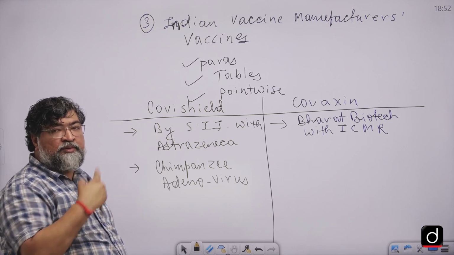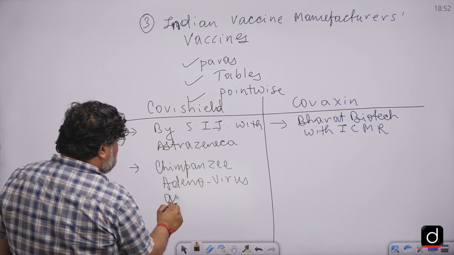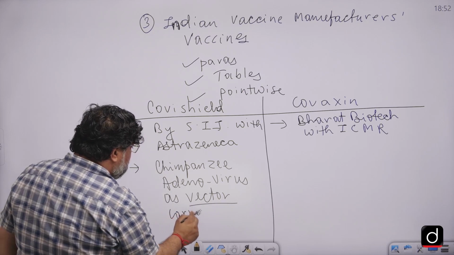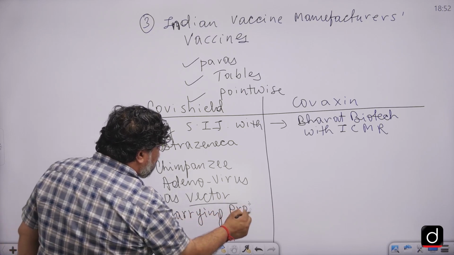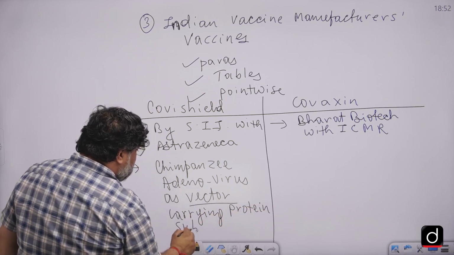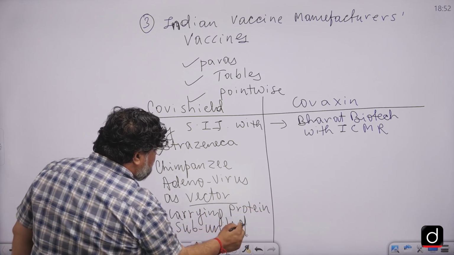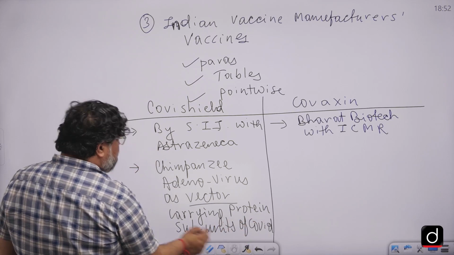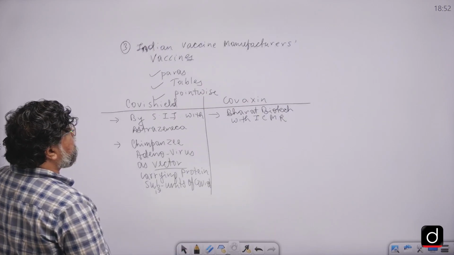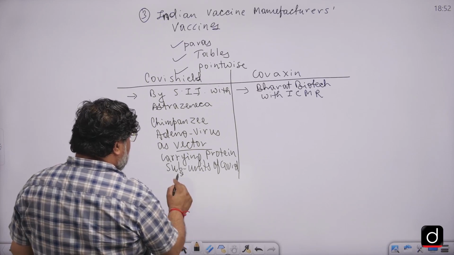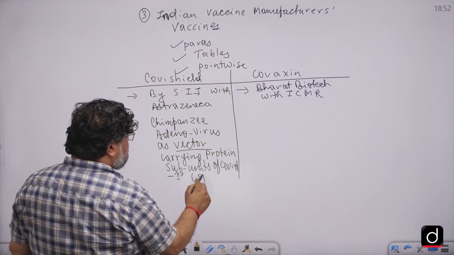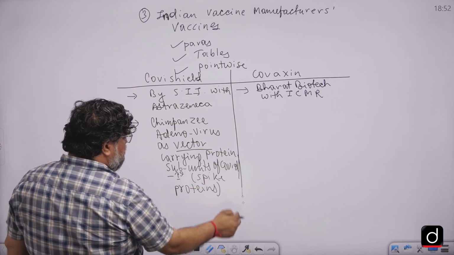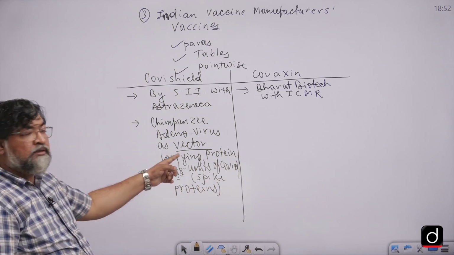So it will not cause any problem to humans. The adenovirus becomes a vector, carrying the protein subunit of COVID-19, that is the spike protein. The spike protein of COVID-19 is coated on the adenovirus, which infects chimpanzees. That is a carrier vector.